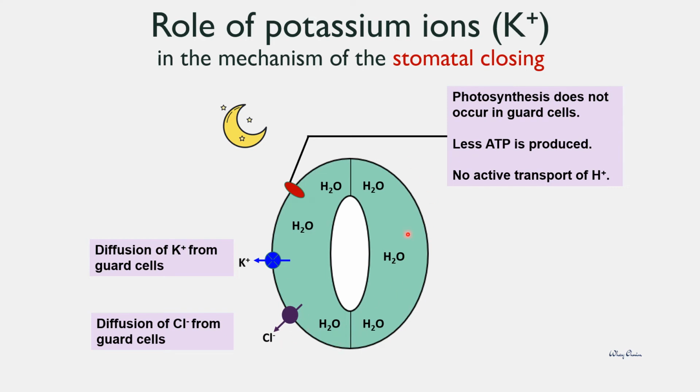And this facilitated diffusion of the potassium ions and chloride ions makes the water potential increase in the guard cells.